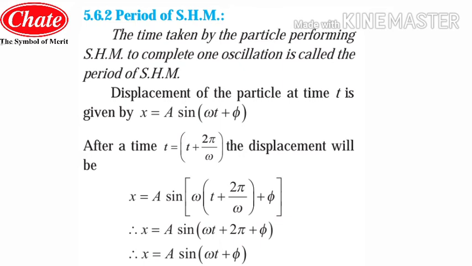Then we get x is equal to a sin of omega times t plus 2 pi by omega, plus phi. After the calculation, the remaining terms will be x is equal to a sin of omega t plus 2 pi plus phi, and the remaining term will be x is equal to a sin of omega t plus phi.